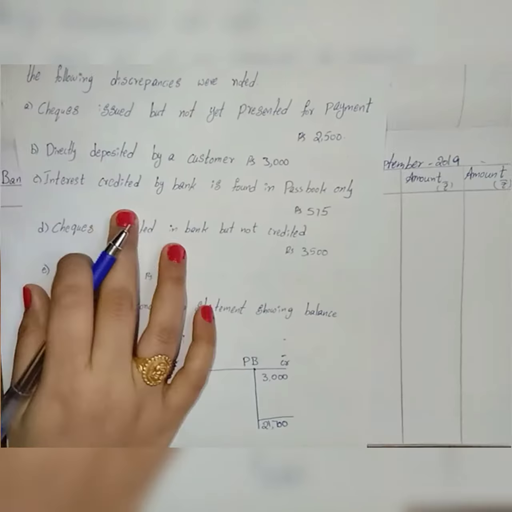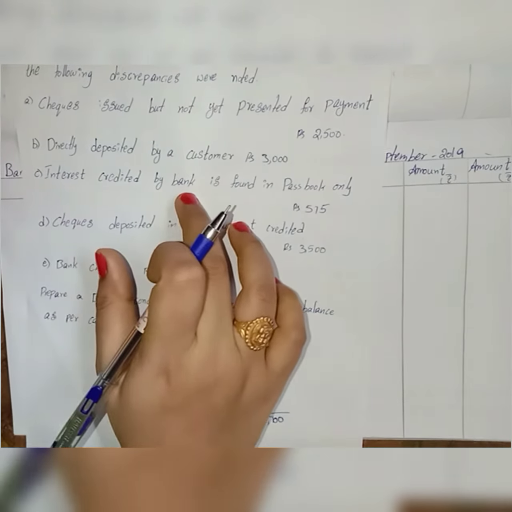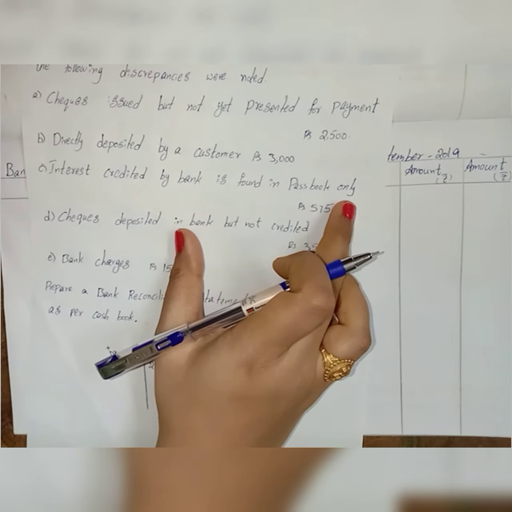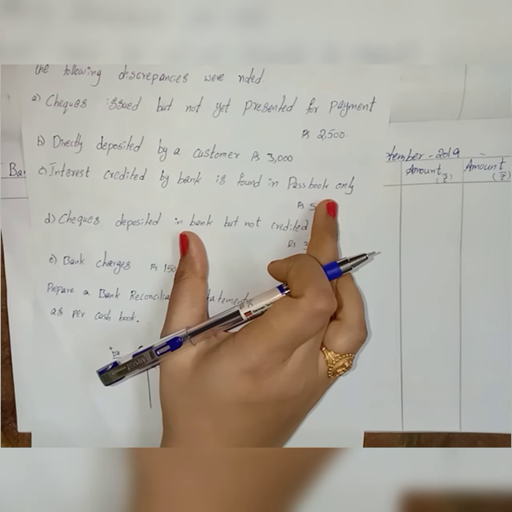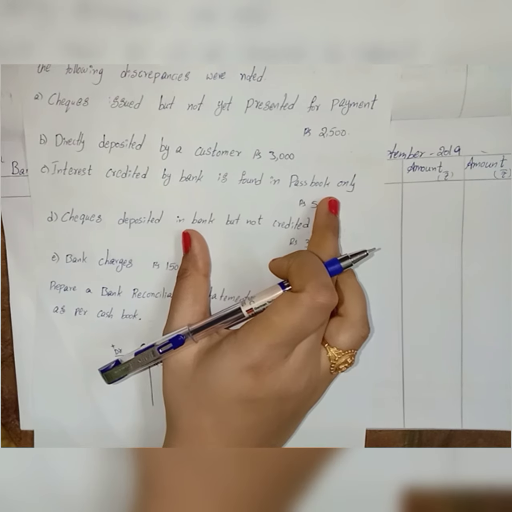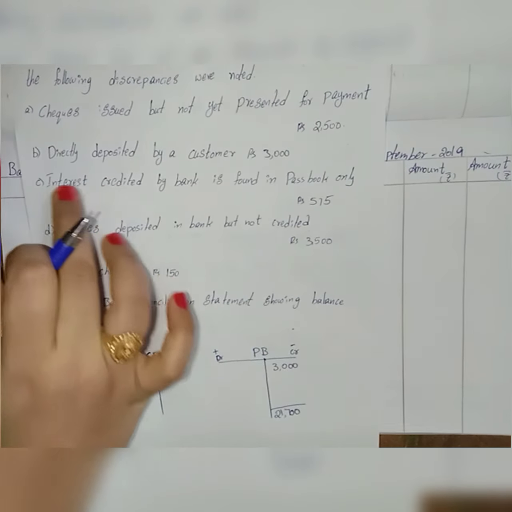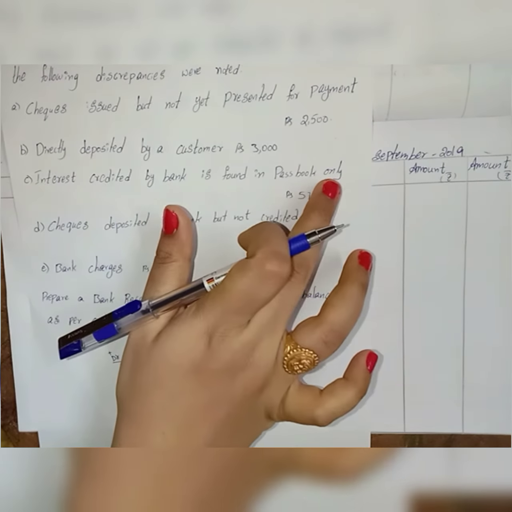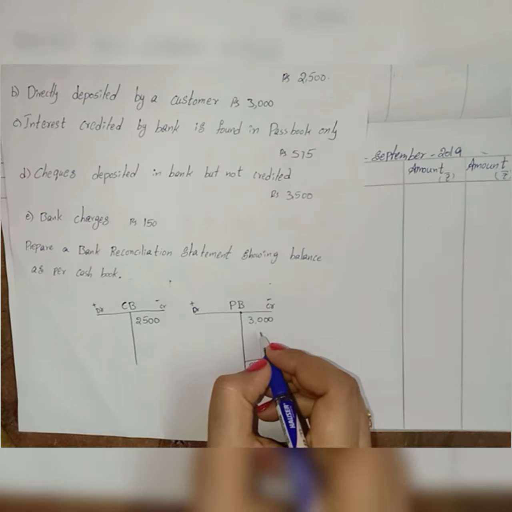And next, interest credited by bank is found in passbook only. We are preparing the BRS in the as-it-is model. So it is given that interest credited by bank is found in passbook only. So we have to credit it in the passbook.